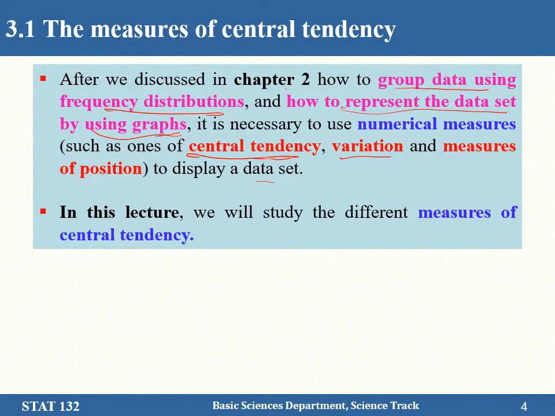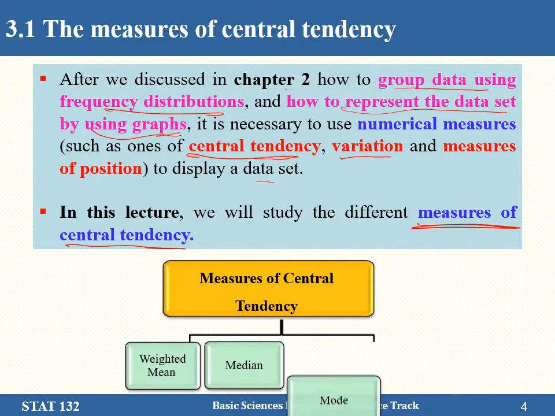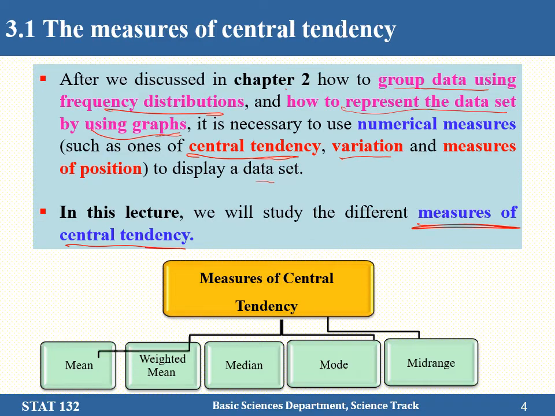So today we will do just measures of central tendency. Now the measures of central tendency are, the first one is the mean, and then the median, mode, and the weighted mean and the mid-range. So we will learn how to calculate them.